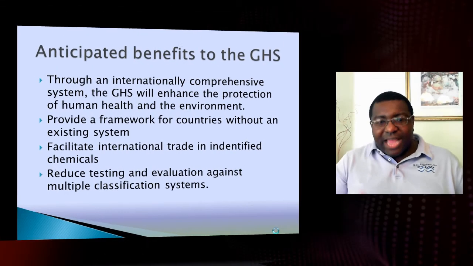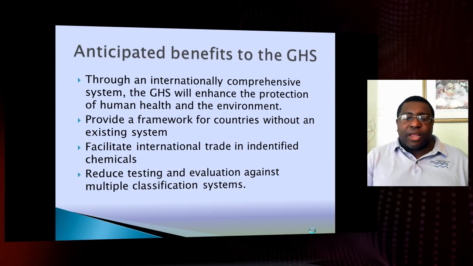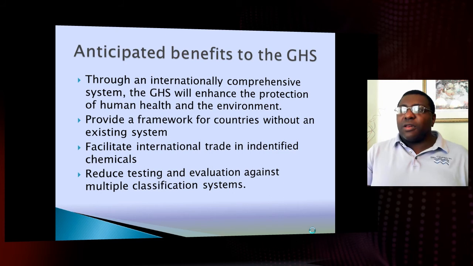It's also going to facilitate the national trade of exporting and importing, because now there's no need to guess if the material that you're receiving from a different country is truly as hazardous or if it's benign, as they say.